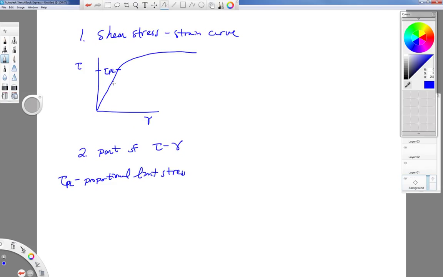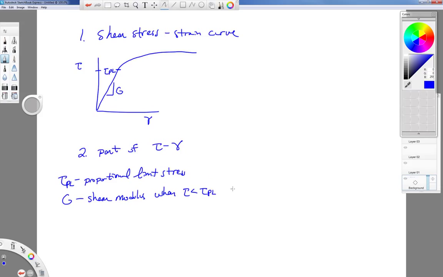We had an elastic modulus E for the tensile stress strain curve. Now we're going to use the symbol G for the slope in the straight line portion. G is called the shear modulus. It's only good when you're below the proportional limit stress to relate stresses and strains.